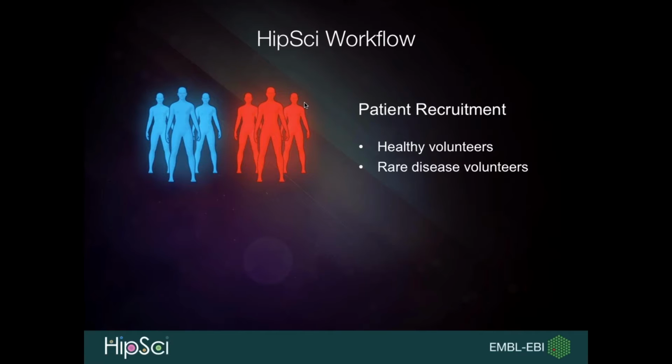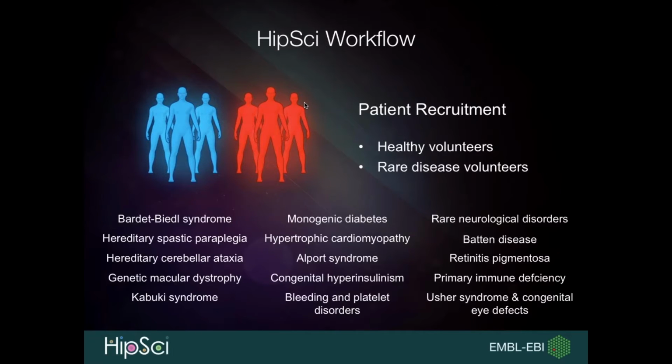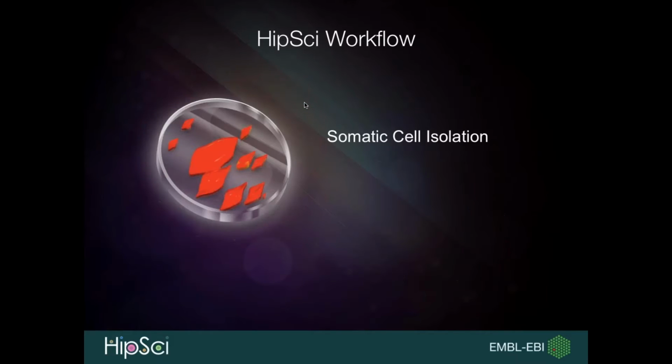And this is because healthy volunteers provide a powerful resource to study common genetic variation within the human population. I also have a list here of the 15 rare disease cohorts from whom we have made iPS cell lines.